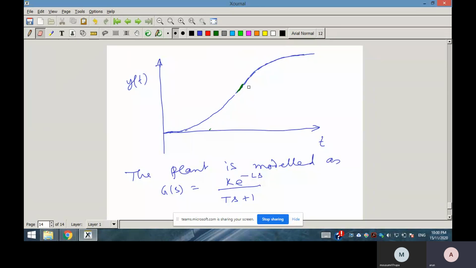So you see here, around this one, where it is almost flat, you can draw a tangent like this, at the point of inflection. So you will draw the slope.